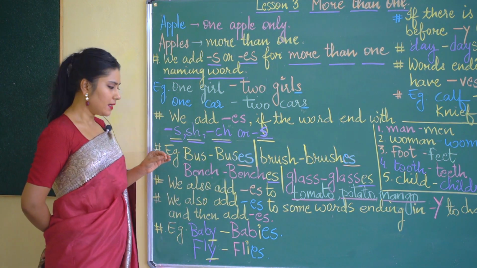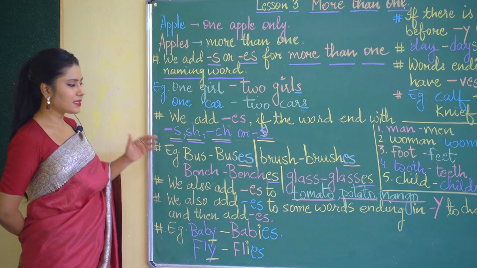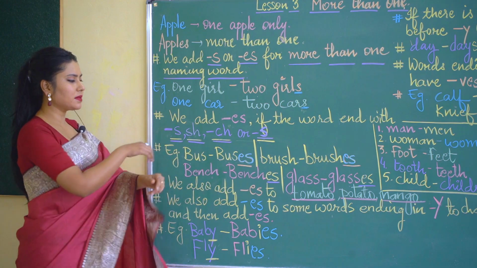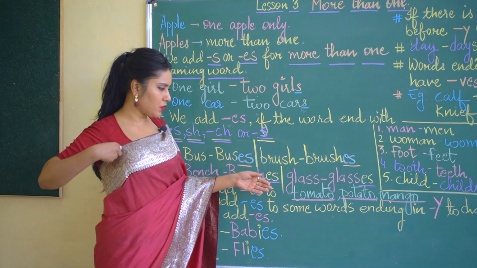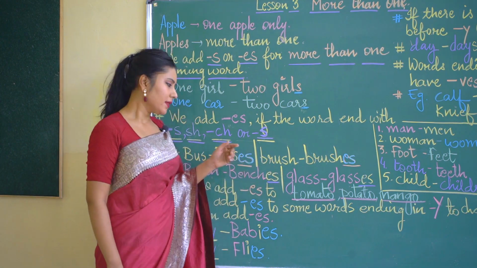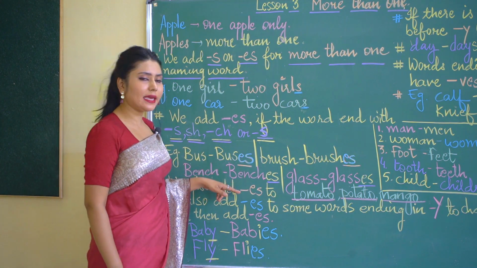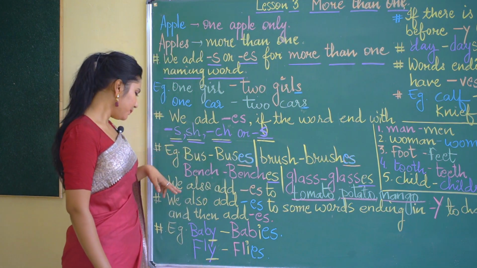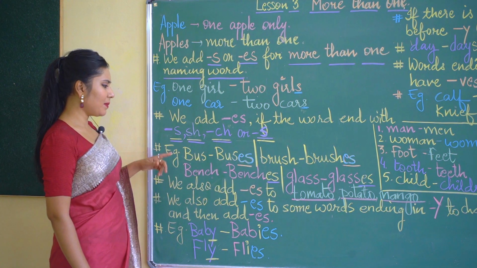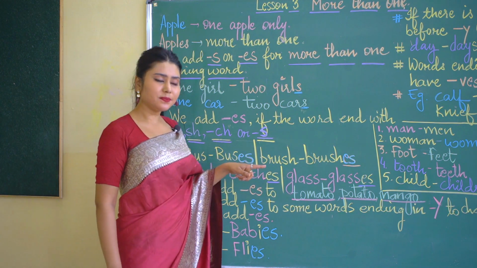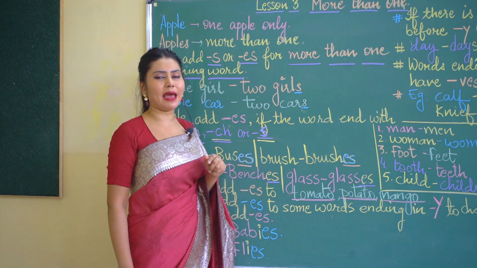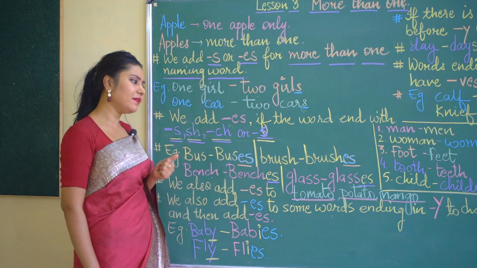Whenever you come across these naming words, tomato, potato and mango, they will end with ES in their plural forms. They will become tomatoes, potatoes and mangoes because the plural form will have ES.